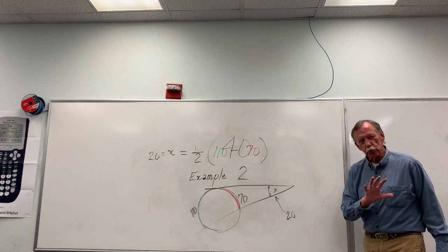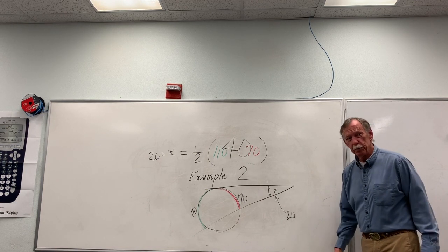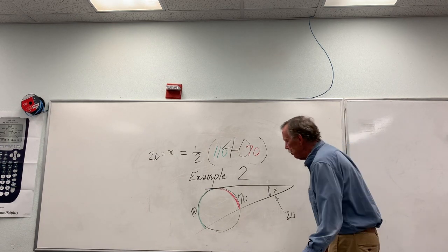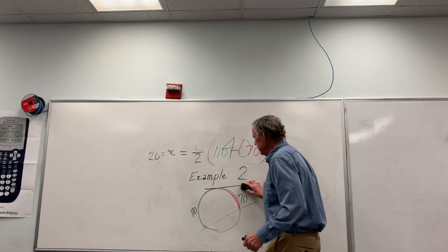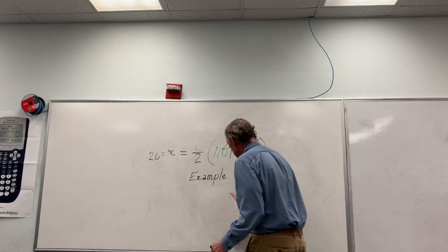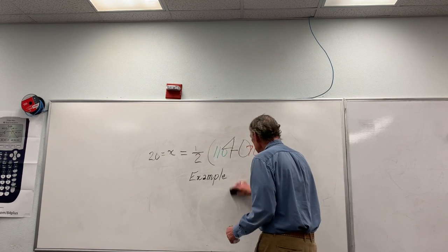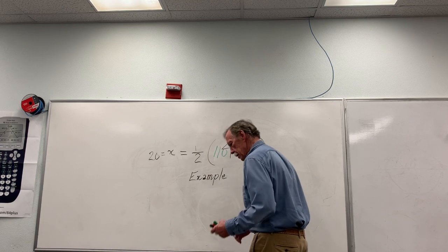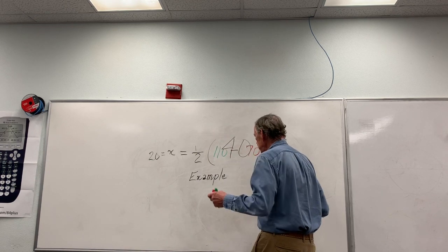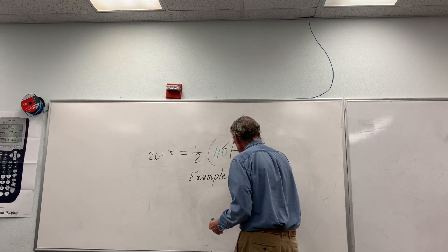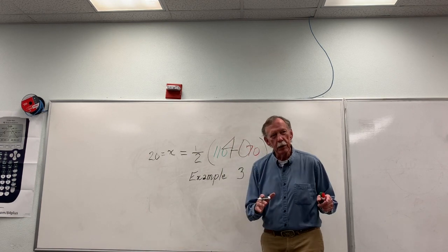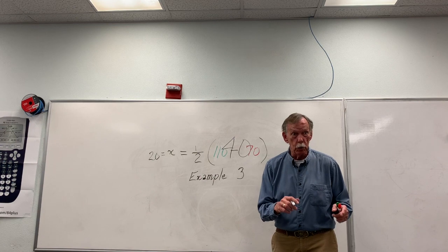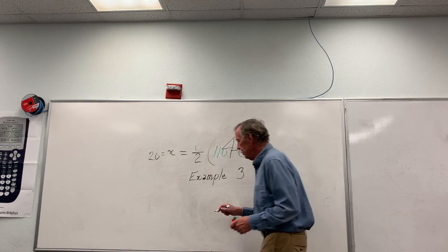Now the picture that trips up quite a few people, for some reason they get all sideways to it, is where instead of having two secants, or a tangent and a secant, the picture has two tangents.